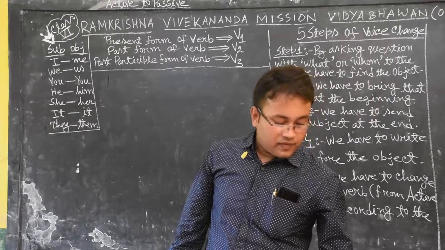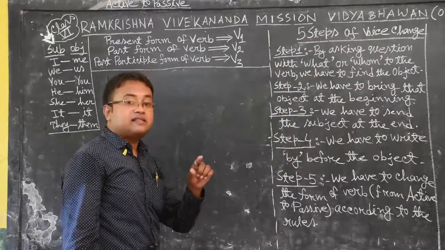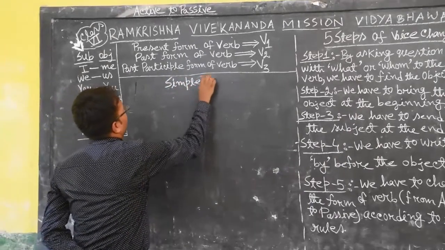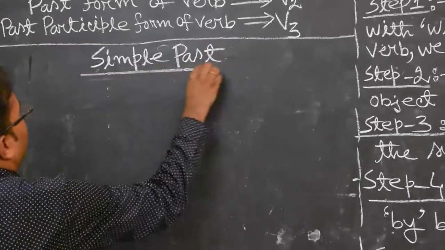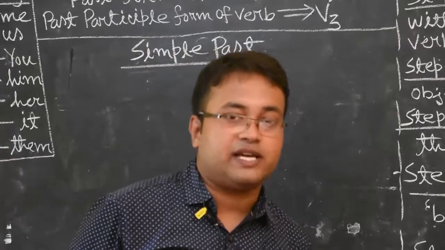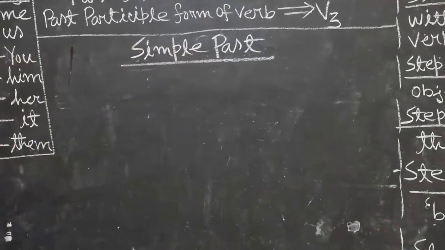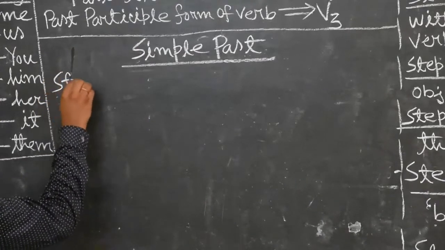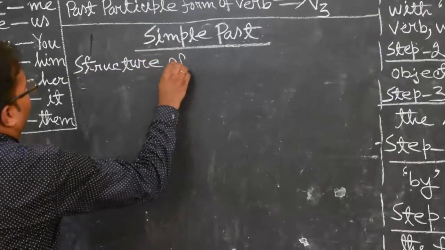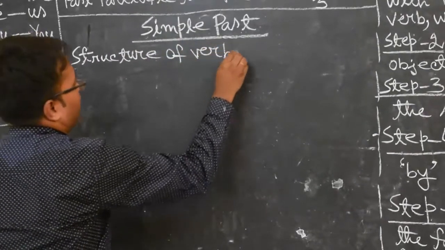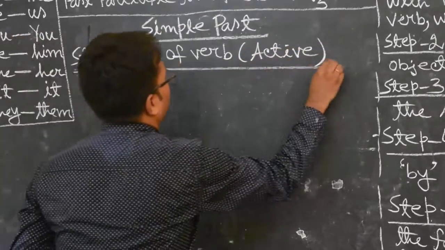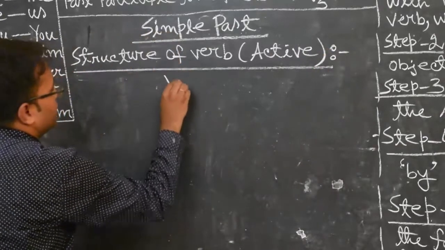So next I will take simple past tense. Structure of verb active is V2.